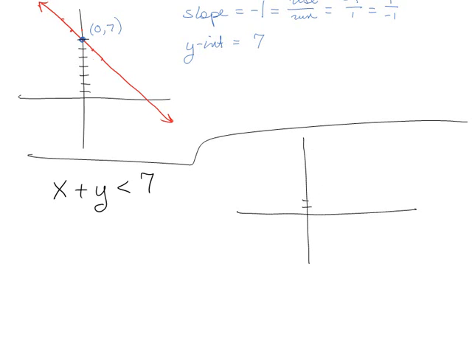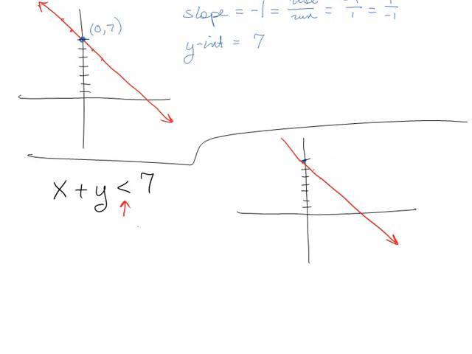I still have the point at 7, 1, 2, 3, 4, 5, 6, 7. And then I've got my little lines here, down 1, over 1, down 1, over 1. Now I probably shouldn't have drawn it as a hard line, because it's not actually equal.